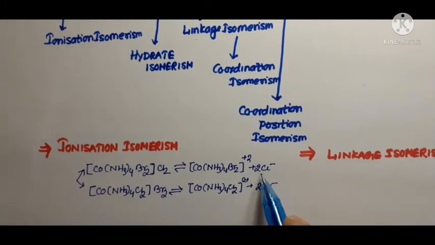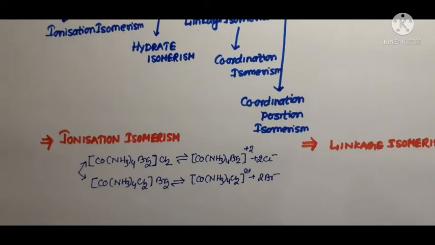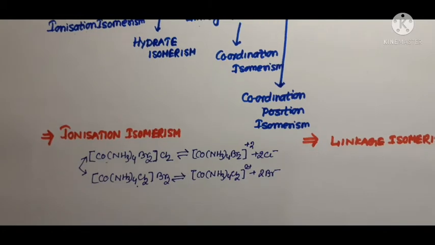In the first case it produces 2 Cl minus ions, and in the second case 2 Br minus ions. So these two complexes are known as ionization isomers, and the phenomenon is known as ionization isomerism.